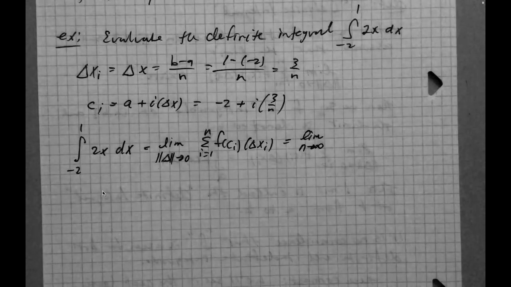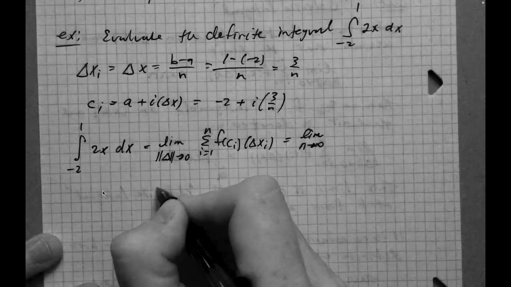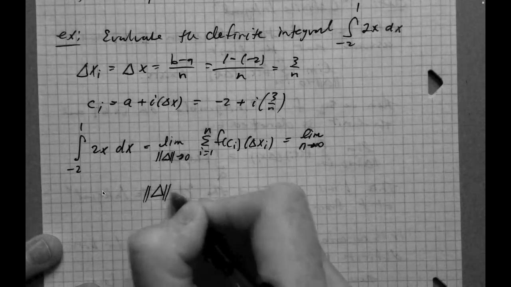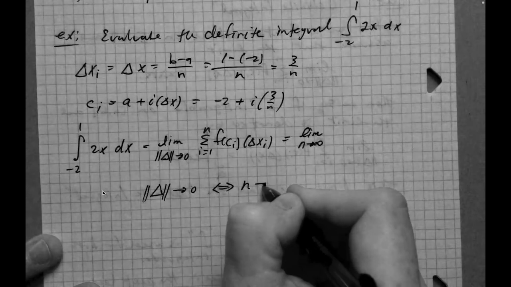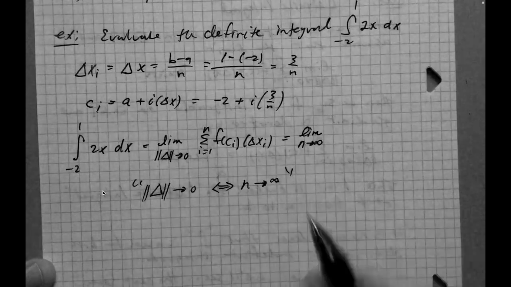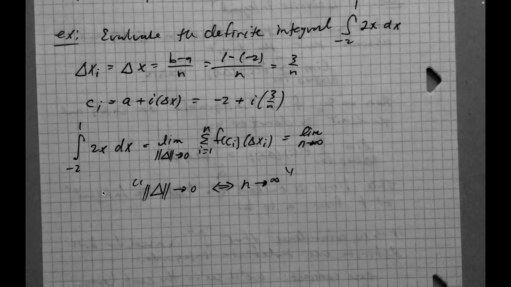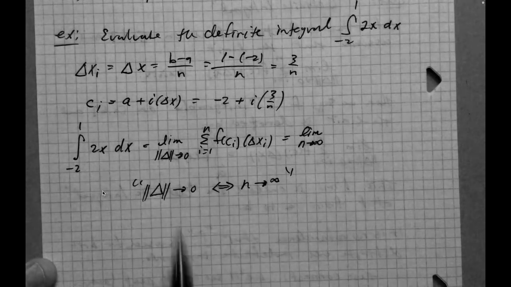Remember, we had that discussion briefly at the beginning where we said the norm goes to 0 if and only if n goes to infinity. That's one of the main things we set up at the beginning. I guess we kind of glossed over that, but we definitely talked about it.